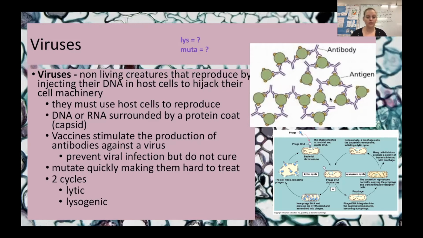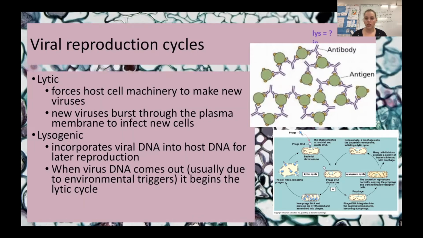There are two life cycles to viruses, the lytic and the lysogenic. Now, this one is more destructive, and this one has longer effects. So we're going to look at both of these. We'll start with the more damaging part of the virus reproductive cycle, the lytic phase. And this is when a virus injects its DNA or RNA into a cell.